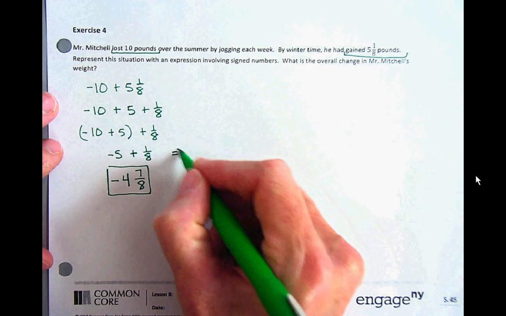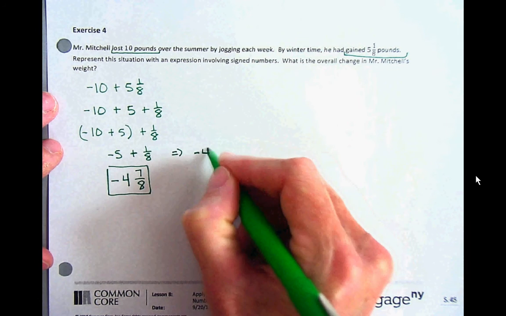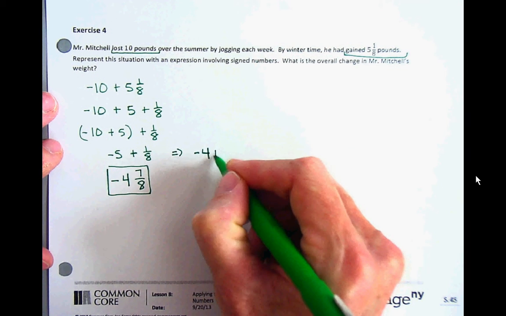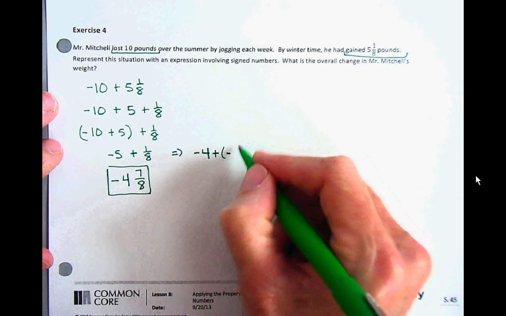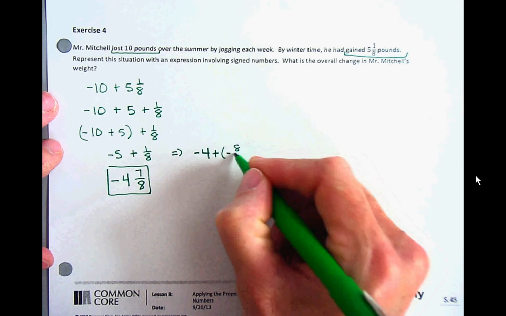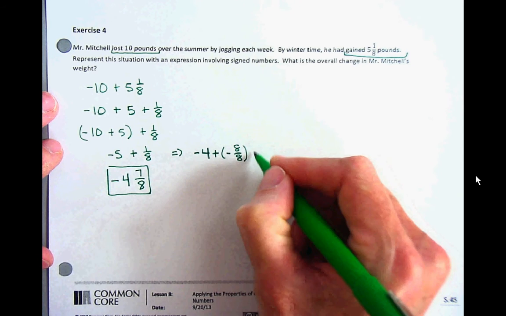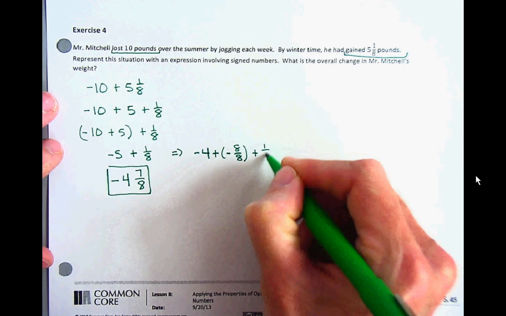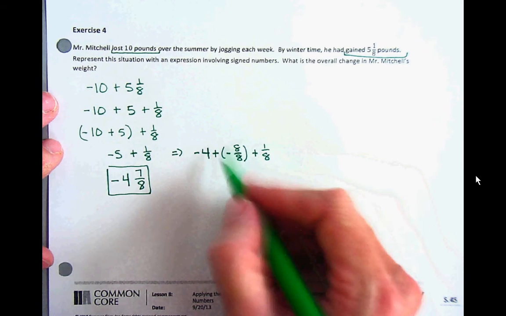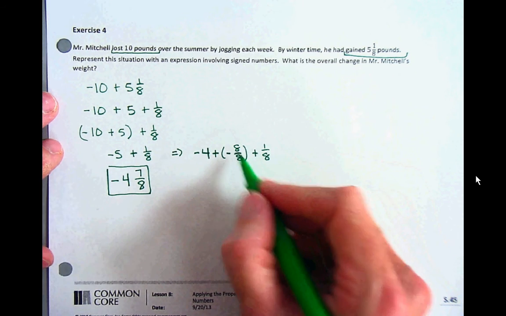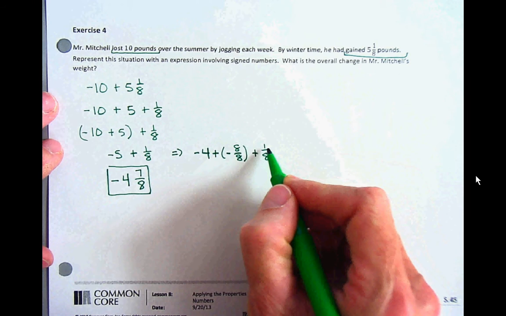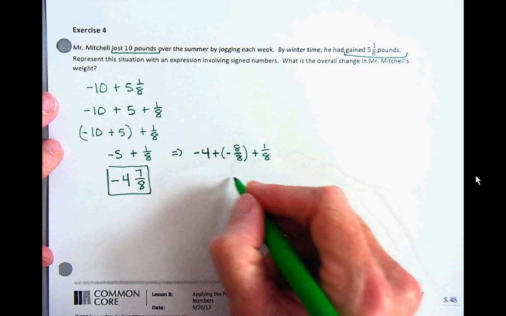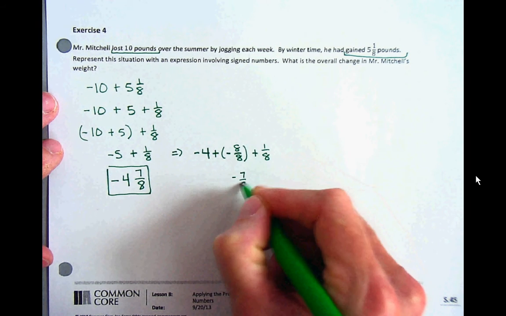Another way to think of this part is, remember, minus 4 plus a minus 8/8 plus 1/8. And you can do the commutative property again. A minus 8 and a plus 1 is minus 7/8.